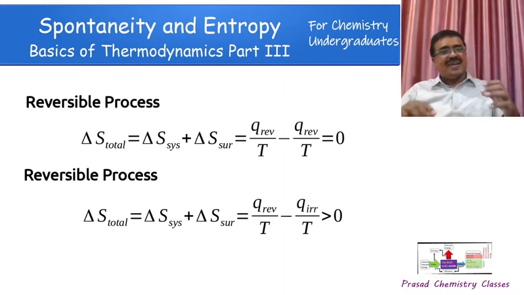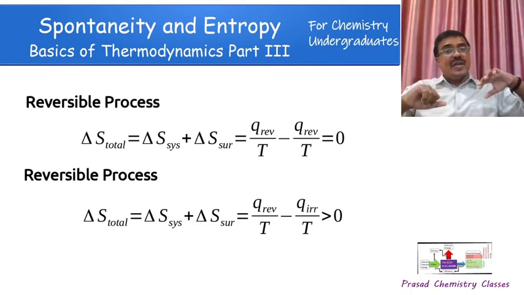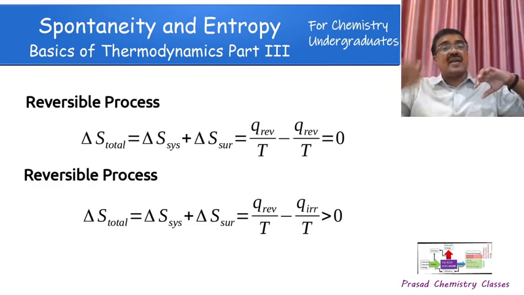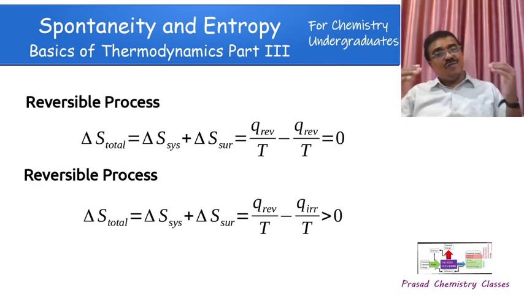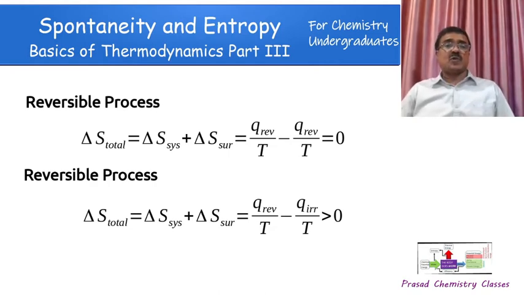So, in the second case, the process is irreversible. The change in entropy of the system remains the same as the above case, but for the surroundings, we can consider this irreversible process as reversible as far as the vast surroundings are concerned. So we can take the change in entropy of the surroundings as minus Q irreversible by T. And we know that the heat exchanged in a reversible process is always greater than the heat exchanged in an irreversible process.